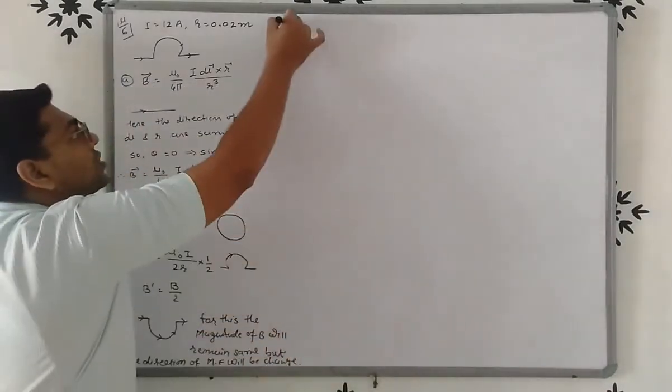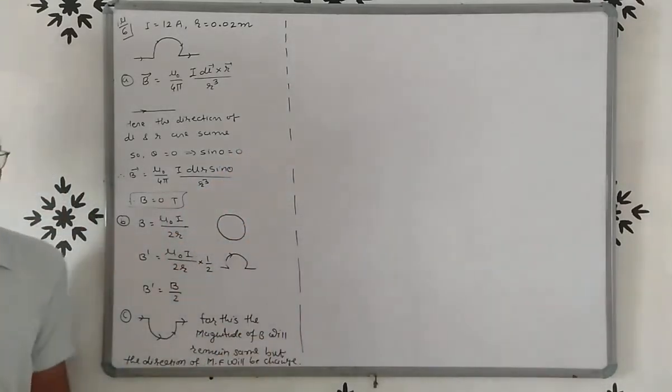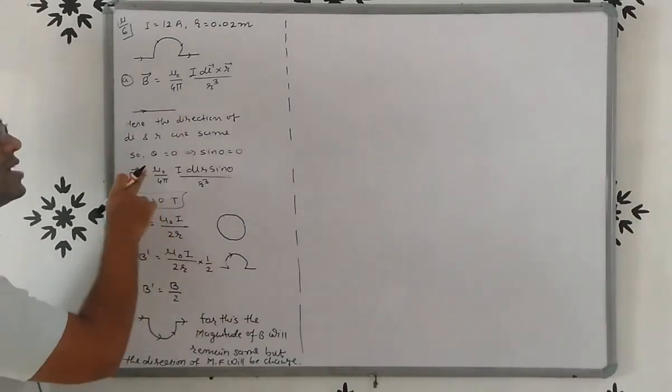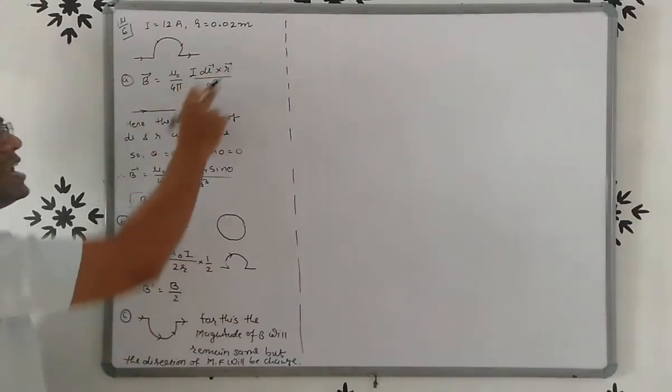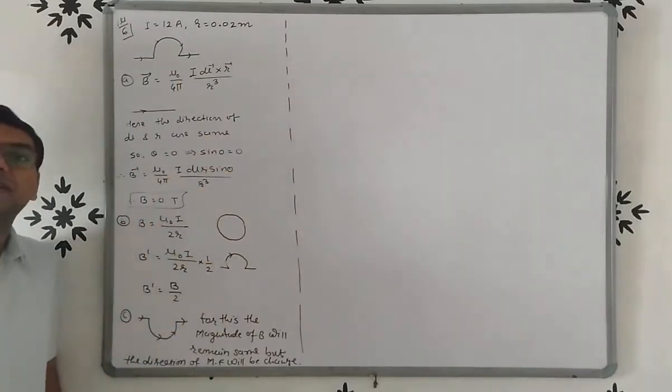So this is illustration number 6. Once again friends, for a straight wire magnetic field will be 0. Why? Because dl and r are in the same direction, so theta is 0, sin 0 is 0, so magnetic field is 0.